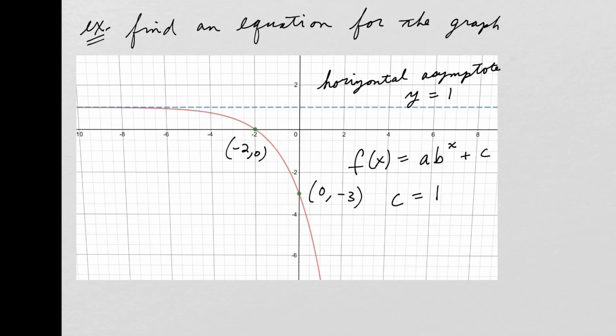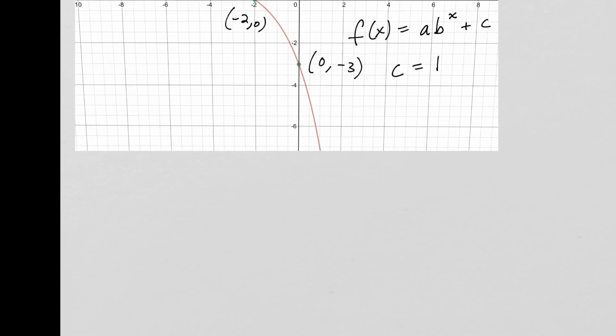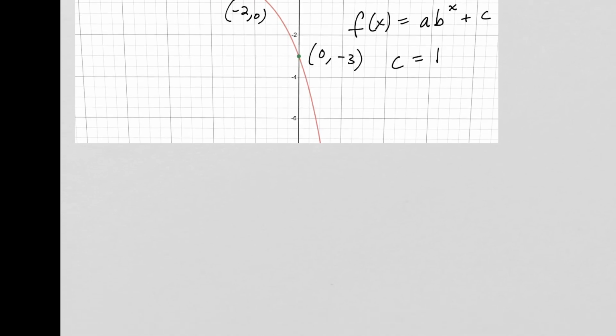So here, let's see how this is going to work. Let me move this up a little bit. So again, I have f of x is equal to a times b to the x plus c. Let me just call this y to make it easier. So y equals a b to the x plus c. And I know that c is 1, right? c is a positive 1.